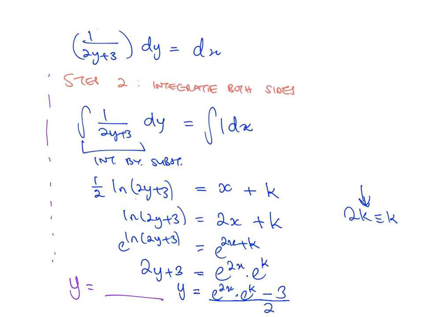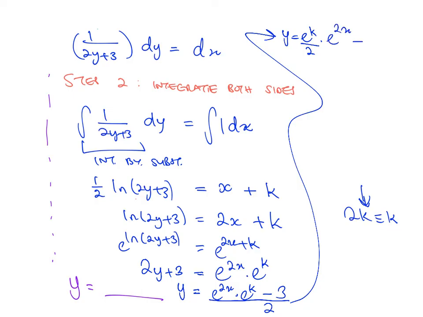Now if I look at that, what is interesting is that I now have some e to the k, and that number is all divided by 2. So let's write that separately. I have y equal to e to the k divided by 2 multiplied by e to the 2x, minus 3 over 2.